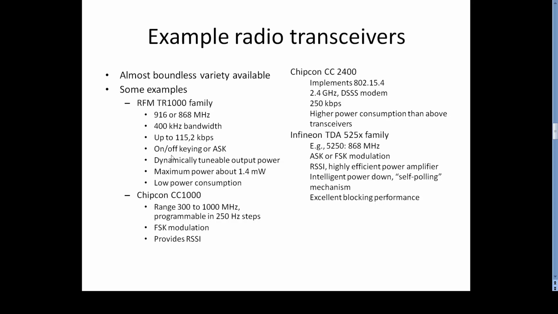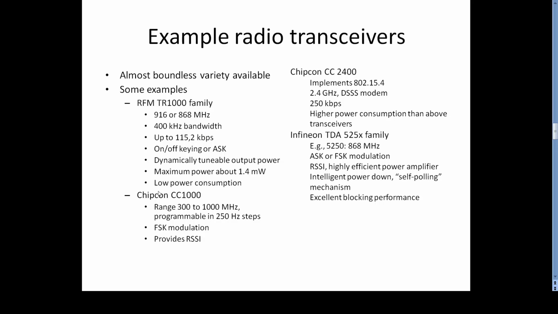Here ASK or on-off keying can be used, and dynamically tunable output power, maximum power about 1.4 milliwatts, and it will consume less power. So these are the characteristics of the RFM TR1000 family.